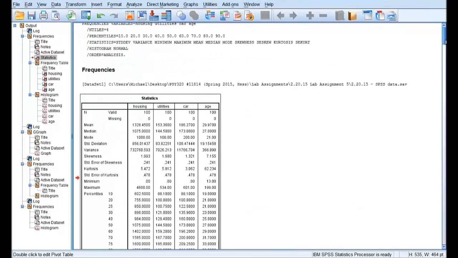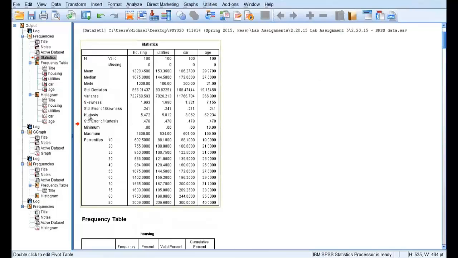So in our data set, if you take the kurtosis value, which is how grouped data is around the mean, and you divide that kurtosis measurement by the standard error of kurtosis, which is this number, you can get an overall estimation of how much kurtosis is in your data set.